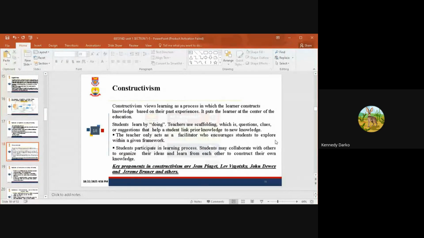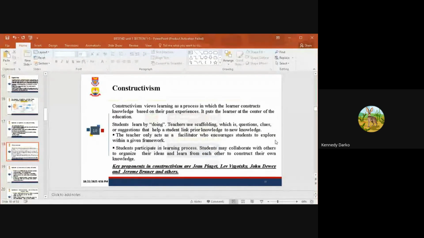Now, who is the key proponent in constructivism? You know our brother, Piaget, Jean Piaget. Jean Piaget is one of the proponents. We have Lev Vygotsky, another proponent there. We have John Dewey and Jerome Bruner.